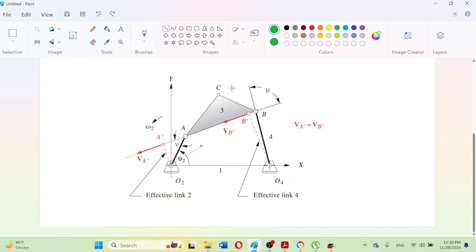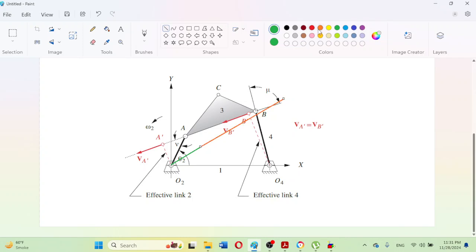For example, like this, I can just make it here like this at a moment, and here like this.